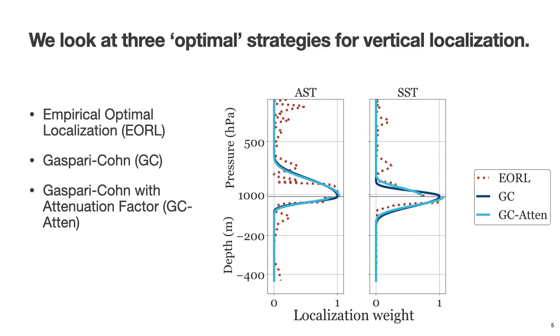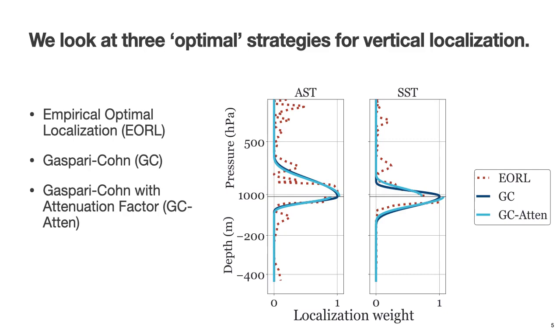And I'm looking specifically at R matrix localization, so inflating those observation errors when the state that we're updating is far away from the observation that we have. The first localization scheme that I looked at is what we're calling empirical optimal R localization, EORL.